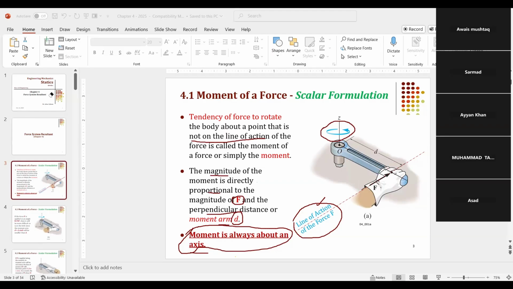This direction right here will tell what is the sense of the moment, clockwise or counterclockwise. If I reverse this direction, if I make this direction like this, then the moment will be clockwise. Again, before moving to the next slide, just see that this angle is 90 degrees.